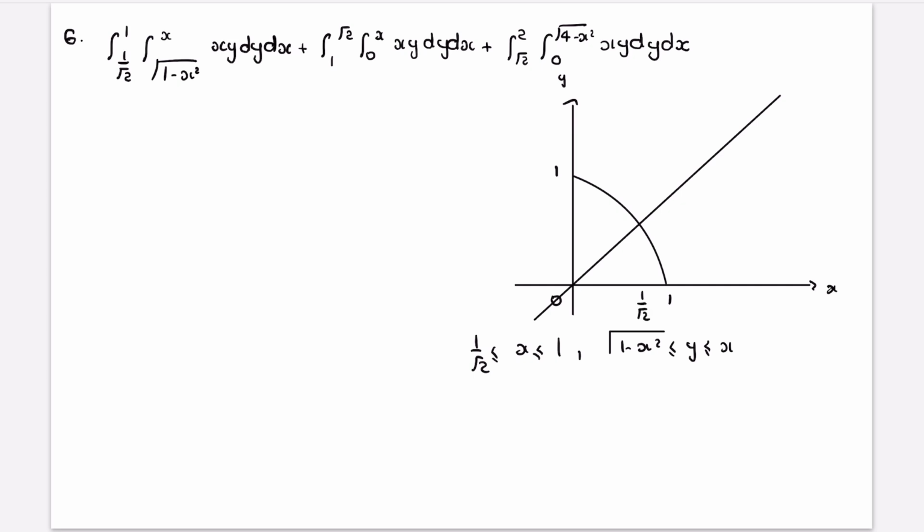So when h is 1 by root 2, y also has to be 1 by root 2 because of the intersection point. So let's find the part. The part is h is greater than 1 by root 2, so it has to be this part.